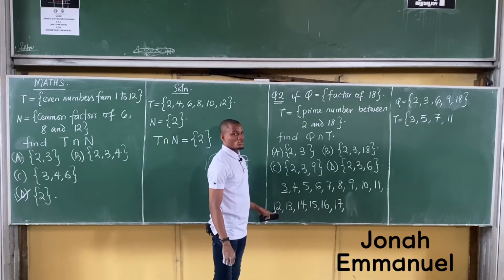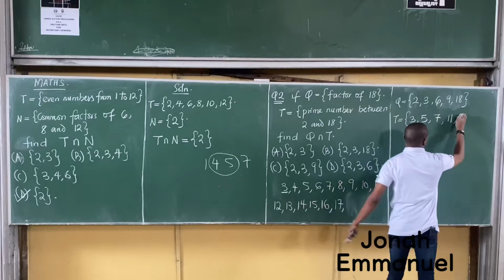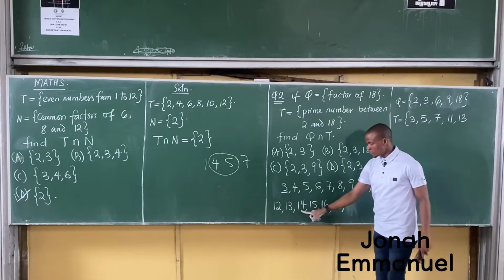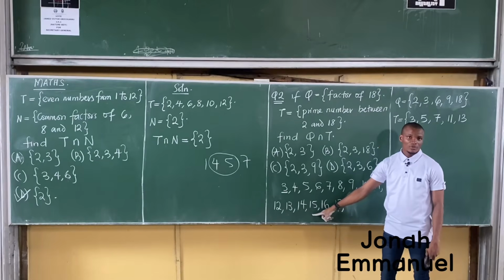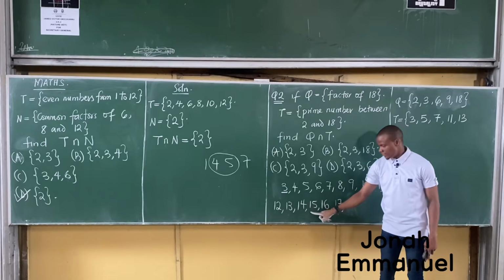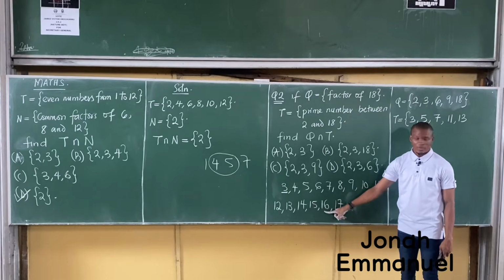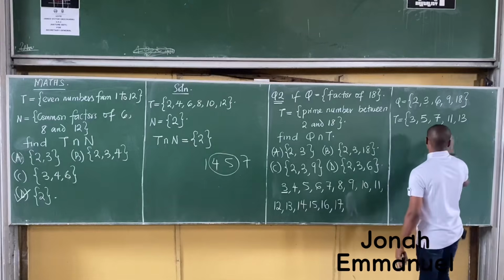No. 12 over 2 gives you 6. 13 a prime number? Yes. Put 13. What about 14? No. 15? No. 15 by 3 gives you 5. 16? No. 17? Yes.